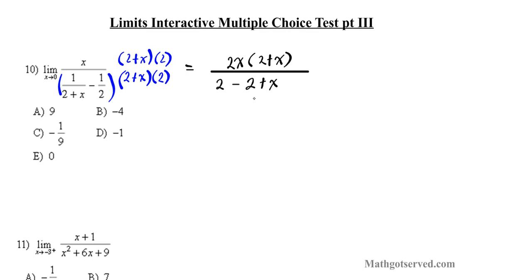Okay? Now if you simplify further, you're going to have 2x times 2 plus x divided by, these two add up to 0, by x.